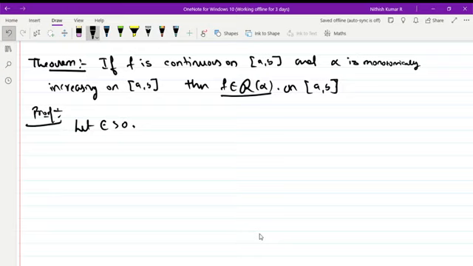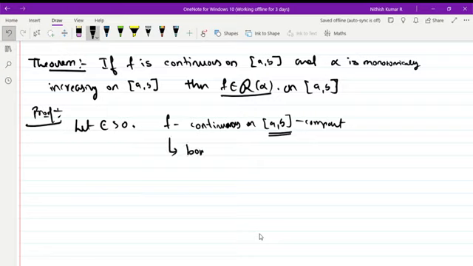Now since f is continuous on the closed interval [a, b], and if you observe, this is a closed interval and it is compact, therefore we can say f is bounded and uniformly continuous.